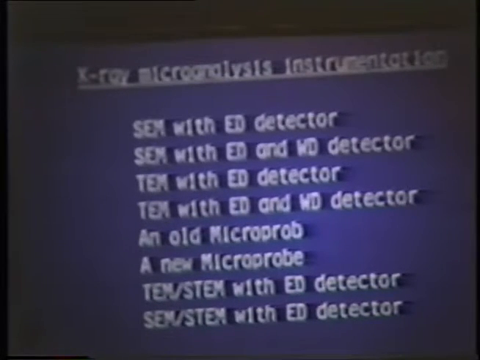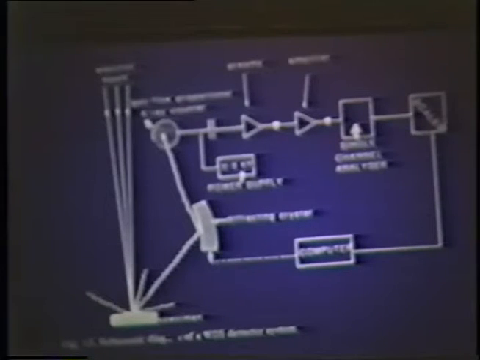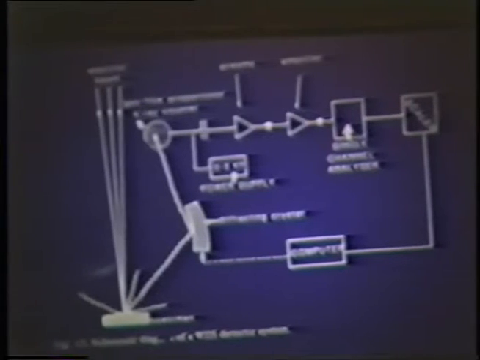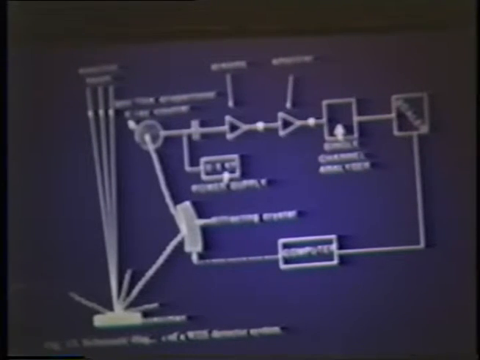The next slide, please. First of all, we have the wavelength detecting system. And I'm going to only very quickly go through this, just to give you a feel of what it is. Here comes the incoming electron beam. X-rays are given off in all directions. We then put a diffracting crystal, and this is dependent on the so-called Bragg angle.